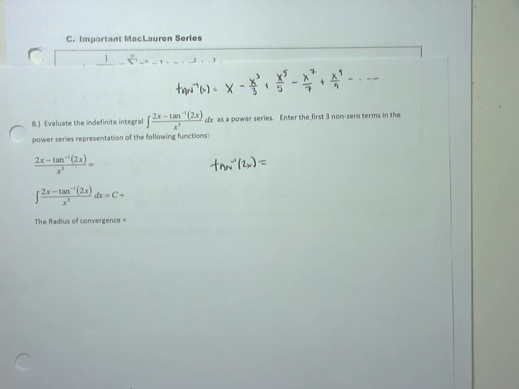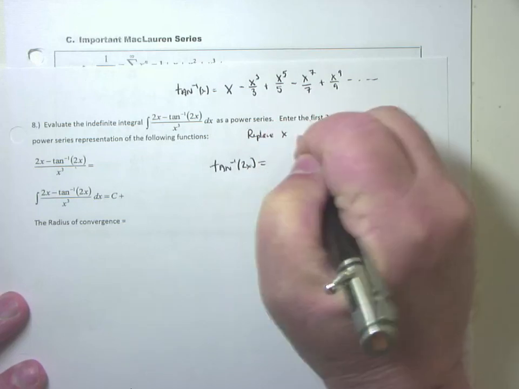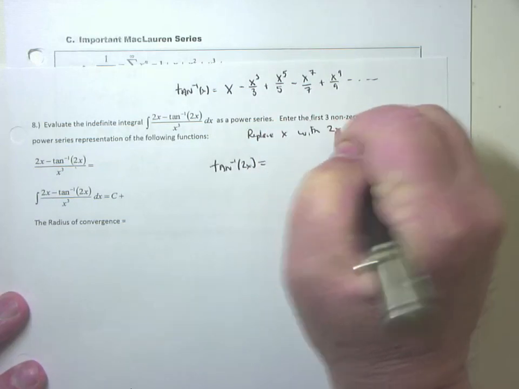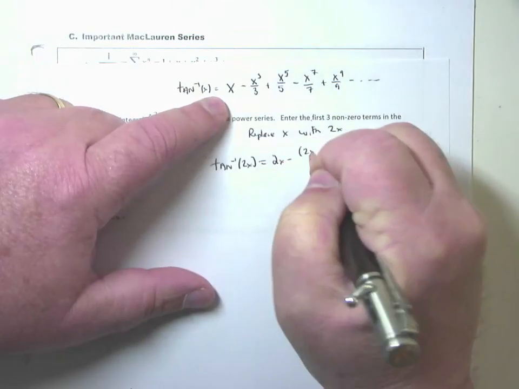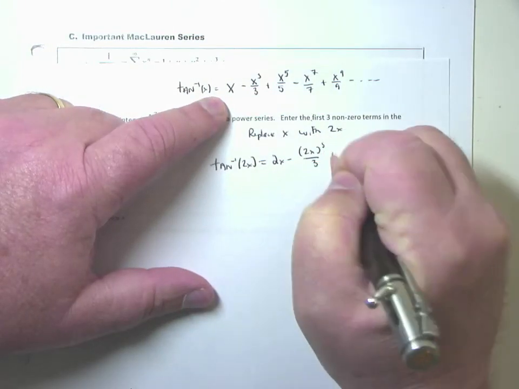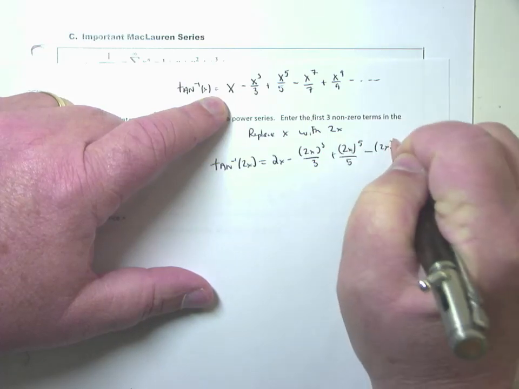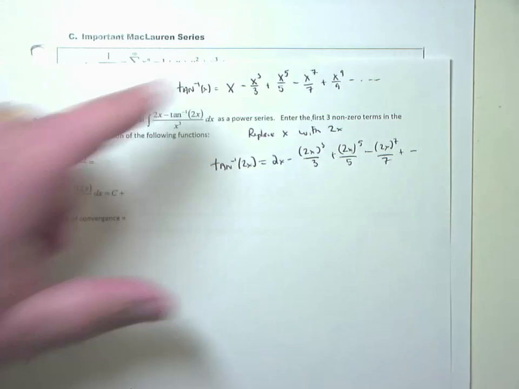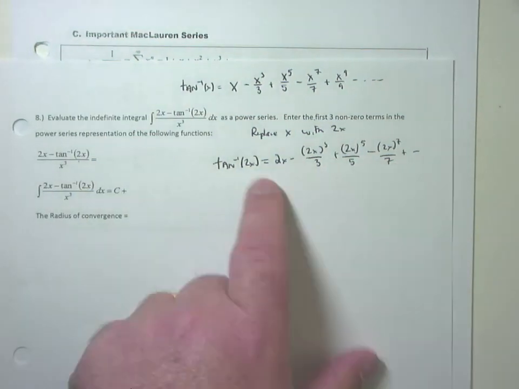Instead of x, I have 2x. All you have to do is replace x with 2x, and you can write it down. This becomes 2x minus 2x cubed over 3 plus 2x to the 5th over 5 minus 2x to the 7th over 7 plus dot, dot, dot. You can clean that up, of course, but then you have your power series for this.